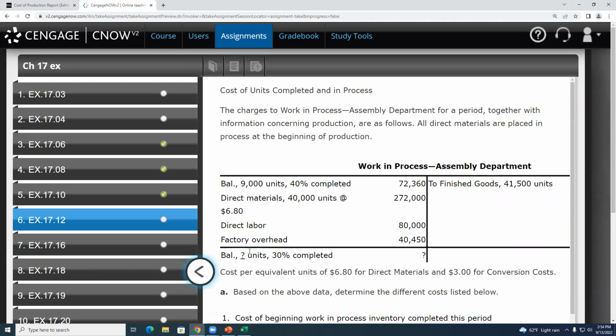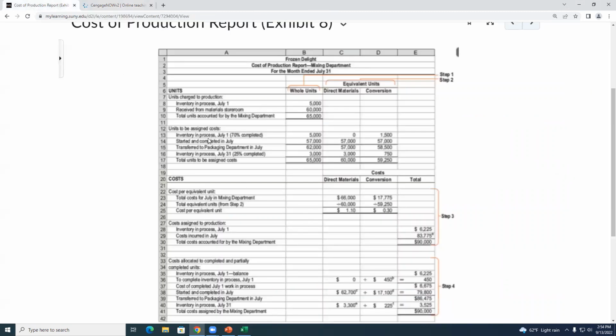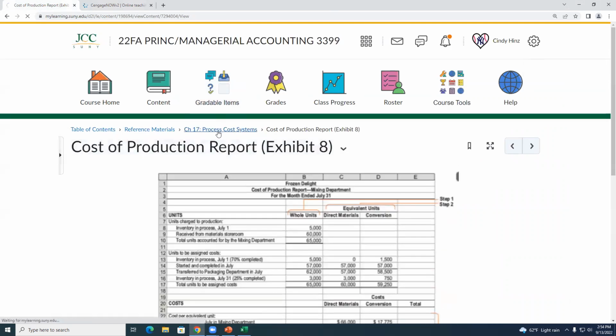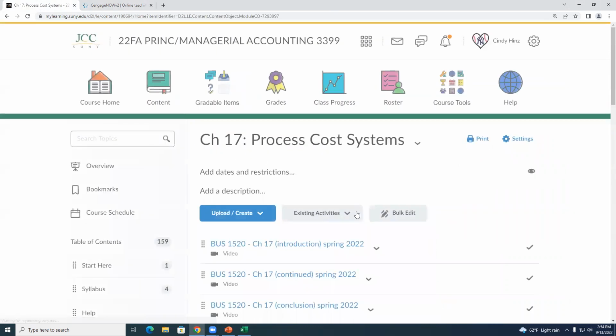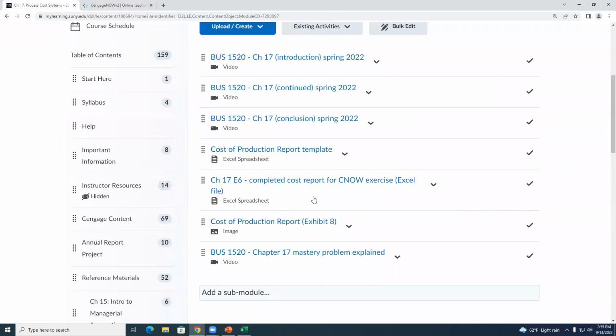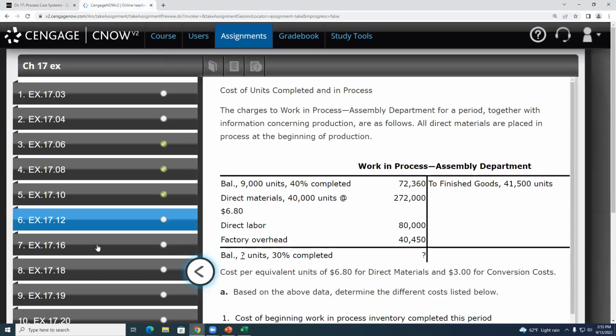This exercise, exercise 6, I believe, is the one in the chapter 17 folder in the reference materials where you have the completed cost report. I'm not encouraging you right now to download that because we're going to do it together, but it's there for reference for later on.